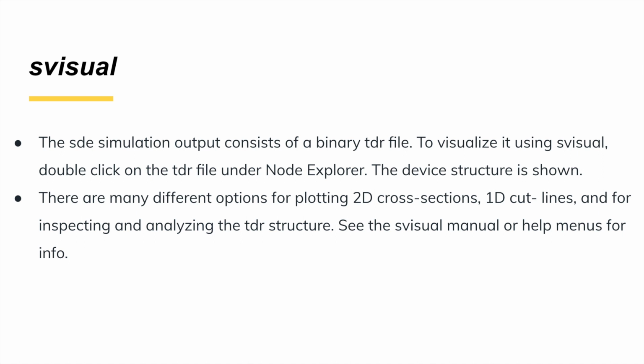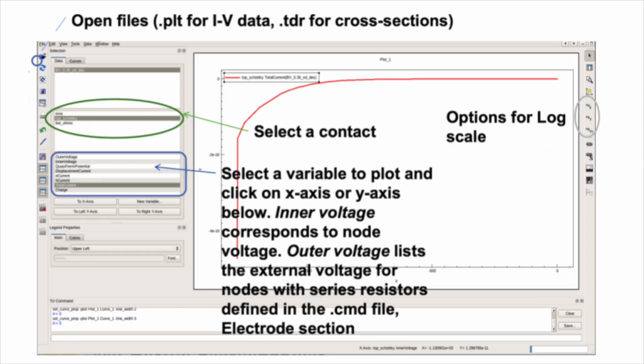The device structure is shown. There are many different options for plotting a 2D cross-section and 1D cut lines. For inspecting and analyzing the TDR structure, you can see the SVisual manual or help menus for more info.